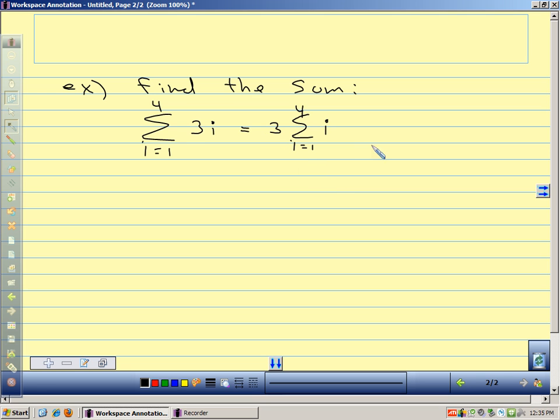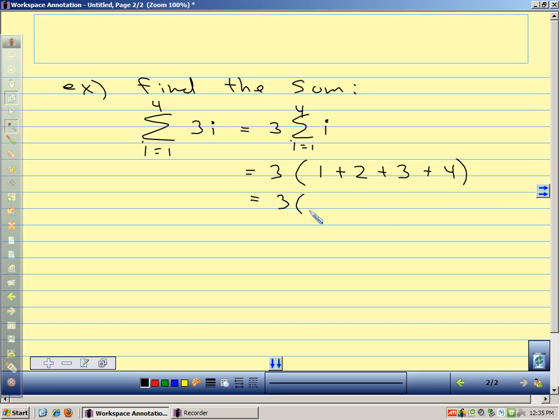All this is telling me to do is 3 times: for i equals 1, I get 1. For i equals 2, I get 2. For i equals 3, I get 3. And for i equals 4, I get 4. So I'm just putting the numbers from 1 to 4 in, writing the terms of a sequence, and adding them all together.